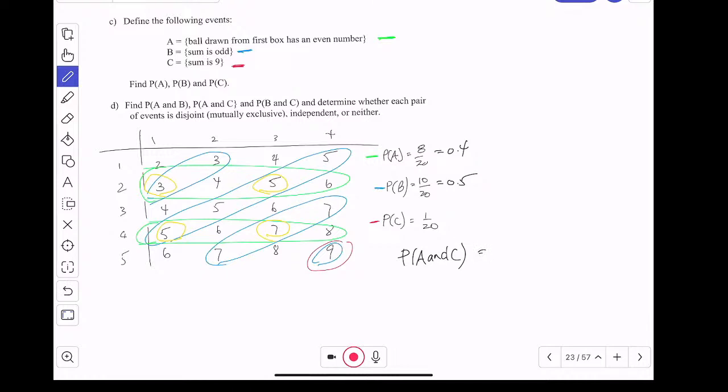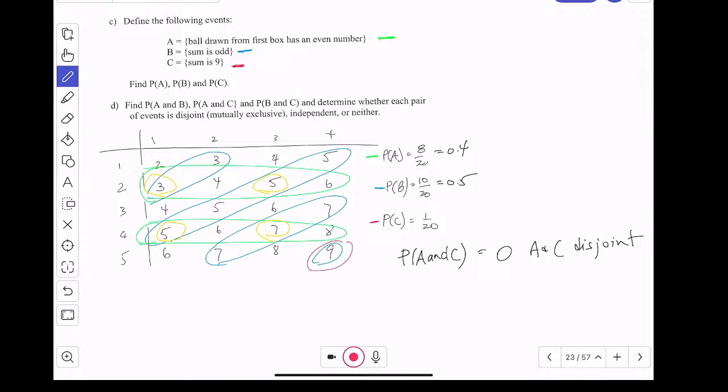So the chance of A and C, where is that? A is green and C is red. Do they ever overlap? No, they don't. So A and C are disjoint. You never see the green overlap with the red.